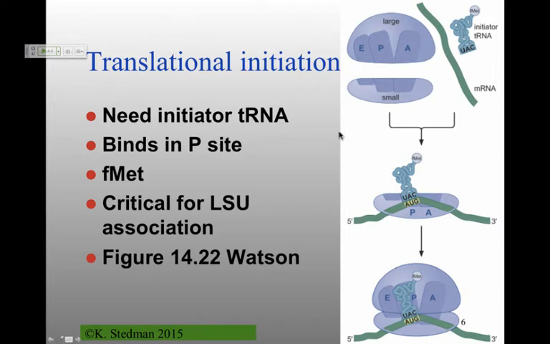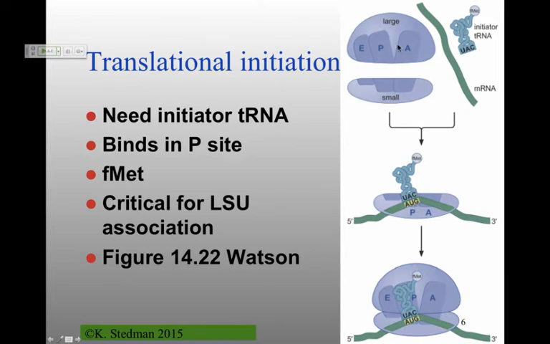Because, as we just looked at last time, new tRNAs with the new amino acid come into the A site. This guy has to get into the P site. And so we'll look at how that happens. Again, it happens differently between bacteria and eukarya, basically because this messenger RNA, the green thing down here at the bottom, is different.